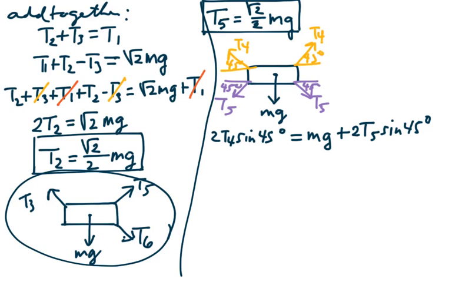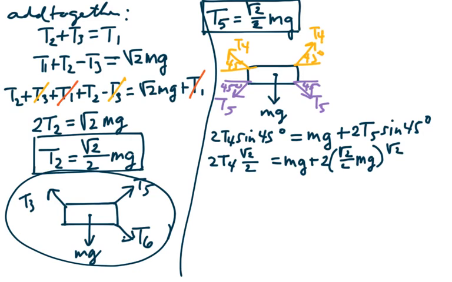Alright, so we have 2 times T4. The sine of 45 degrees is the square root of 2 over 2. And that is equal to mg plus 2 times T5, which we determined is the square root of 2 over 2 mg, times the sine of 45 degrees, which is the square root of 2 over 2.